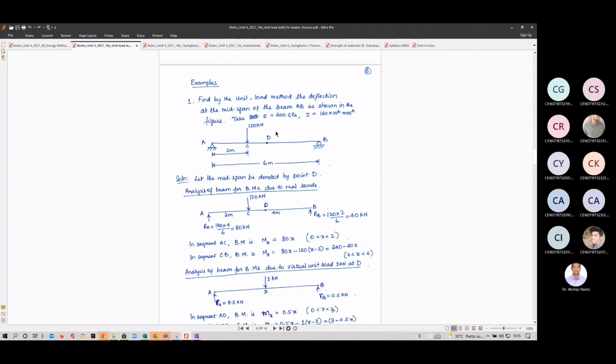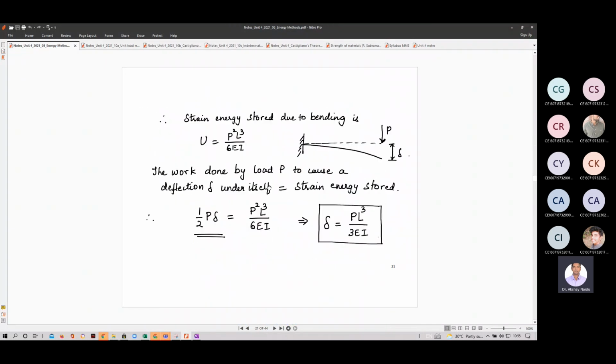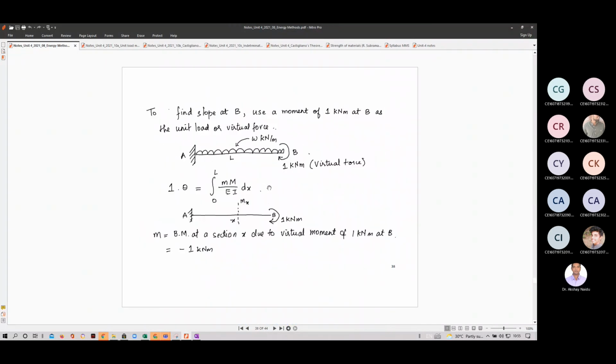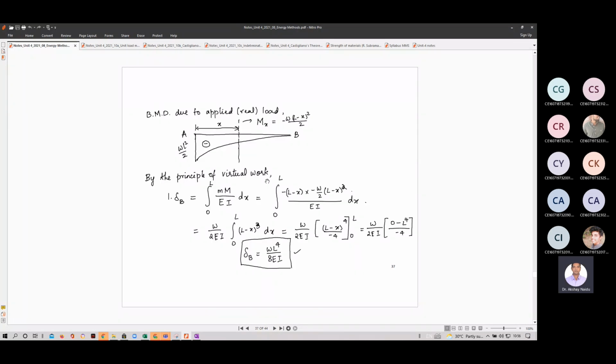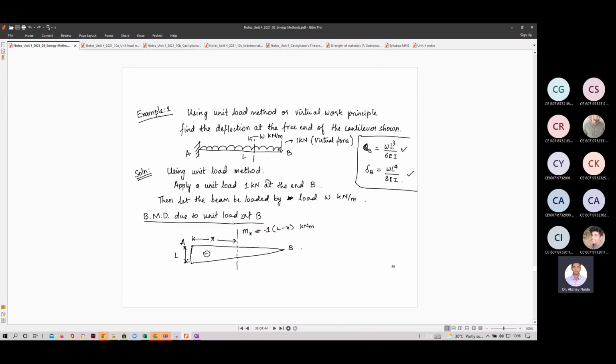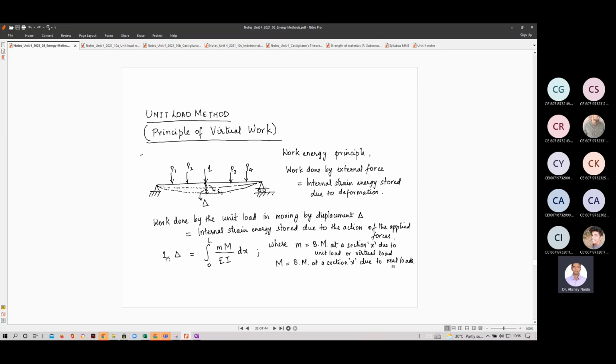So in my original problems in class, I have done this. I didn't explain the entire detail at that time, but by the virtual work principle, I told very simply 1 into delta is integral 0 to L small m capital M by EI dx.